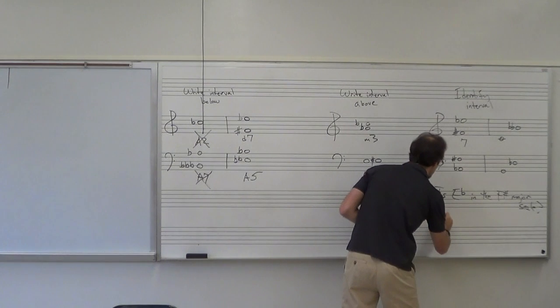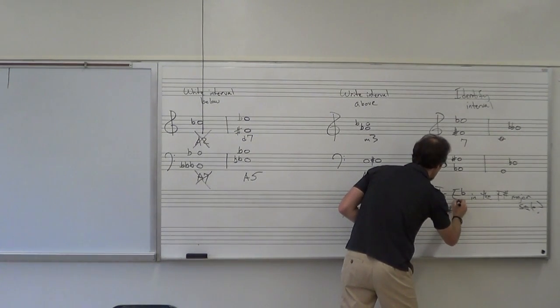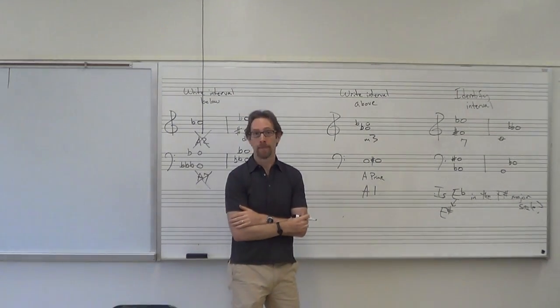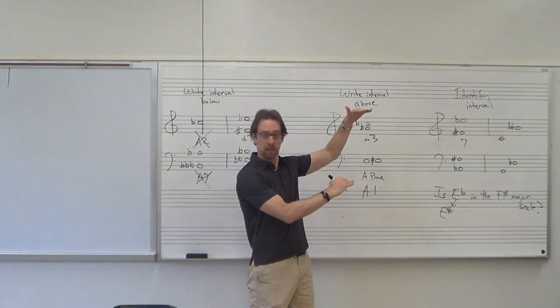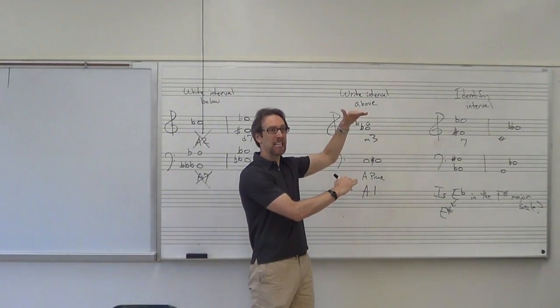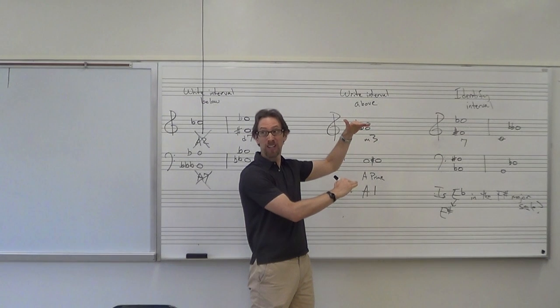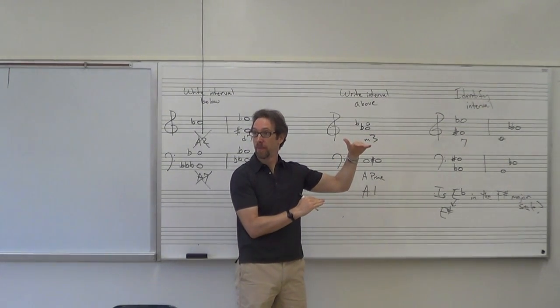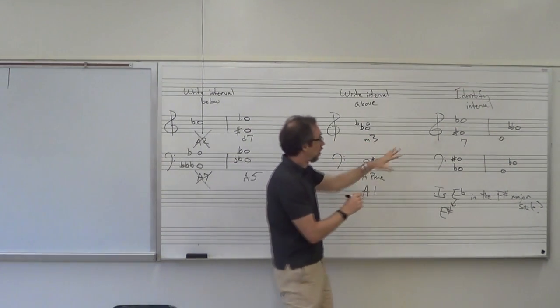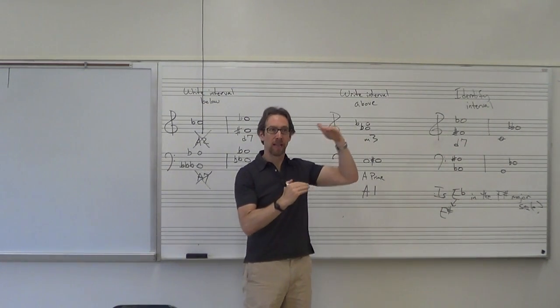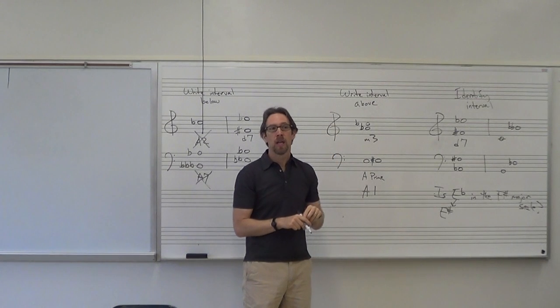The answer is E sharp. That's actually what we would expect. But we don't have that. So if F sharp to E sharp is our major 7, making it an E natural would turn it into a minor 7, and an E flat would turn it into a diminished 7. That's how we come up with our answer, by applying that modification.